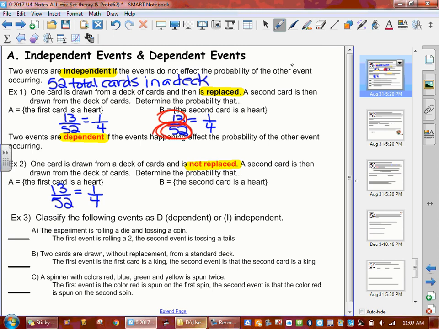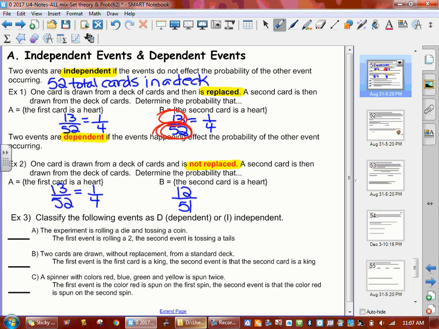But if I don't put that card back, I now only have 51 cards. And if that first card was a heart, how many hearts are gone? There's now one less heart to pick from. So I don't have 13 hearts anymore, I have 12 hearts. And I don't have 52 cards anymore, I have 51.